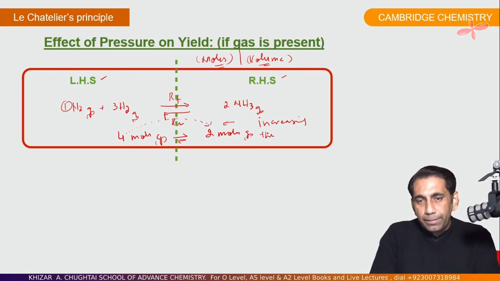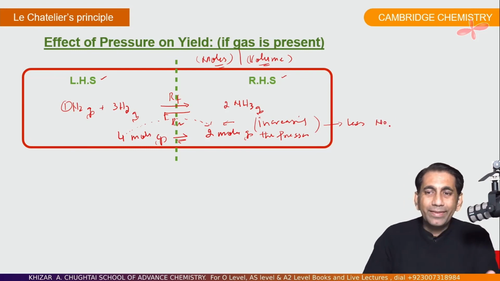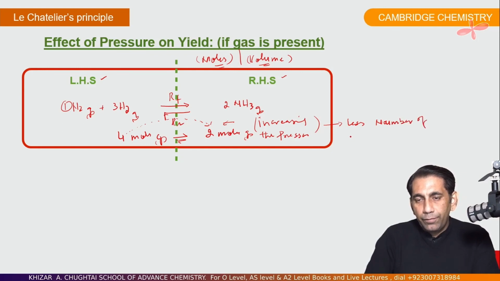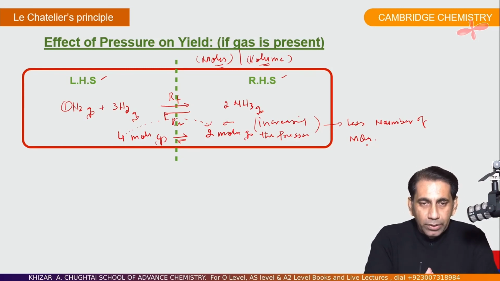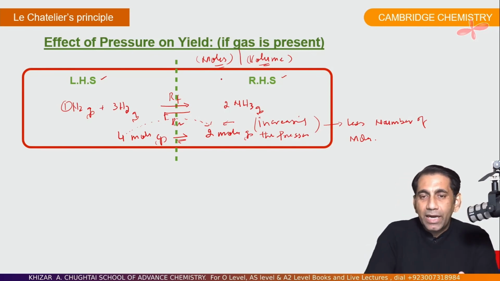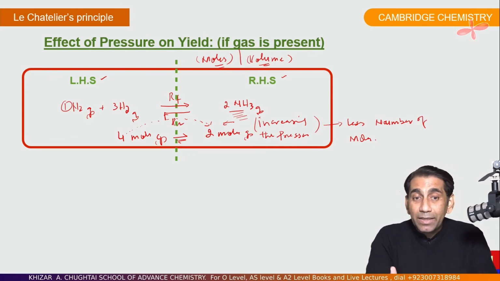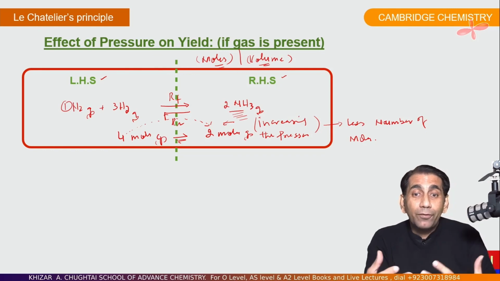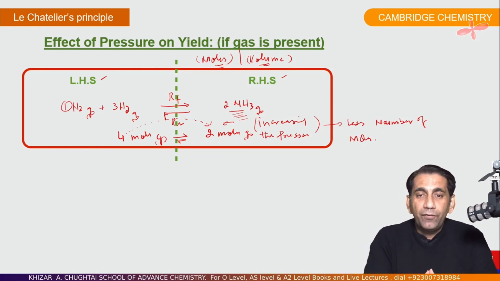Increasing the pressure will favor the side where there are fewer moles. So in this particular Haber process, by increasing the pressure, equilibrium will shift itself toward the right hand side and you will get more and more ammonia gas. So increasing the pressure will favor the formation of NH3.